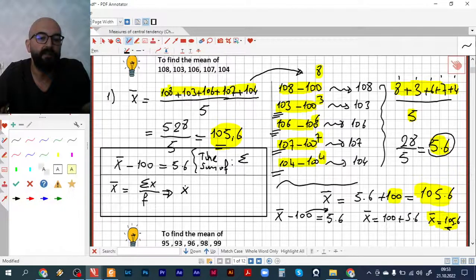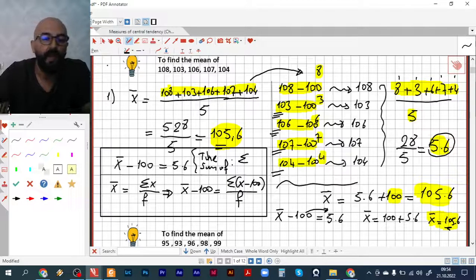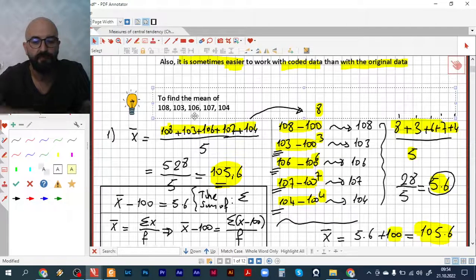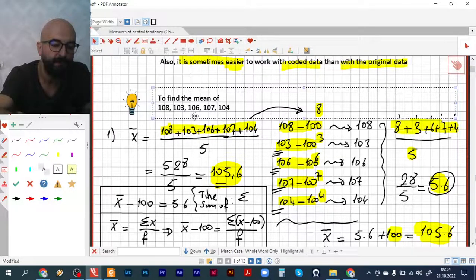So the mean minus 100 equals the sum of 100 less than all x over frequency. And I want to show something about this situation.